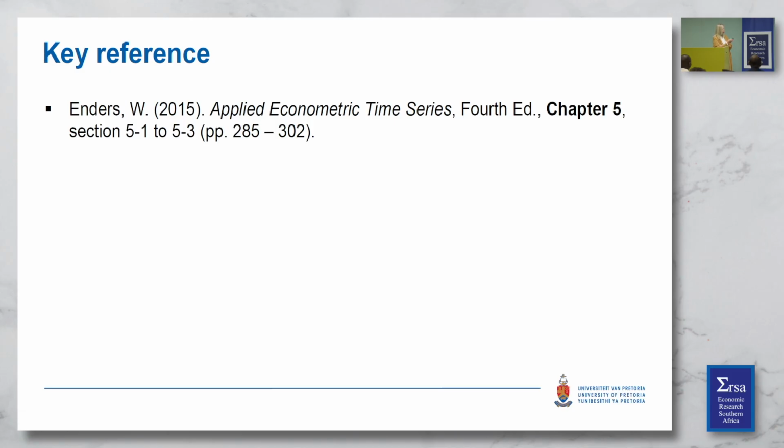The notes here follow quite strictly those pages in Enders. I have summarized the mathematics of the identification of the system. So there's a few matrix equations to get the job done. With the identification, the original way of doing it is to use the Cholesky decomposition, where we put restrictions on the lower triangle of our matrix.